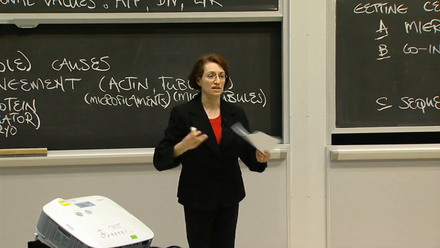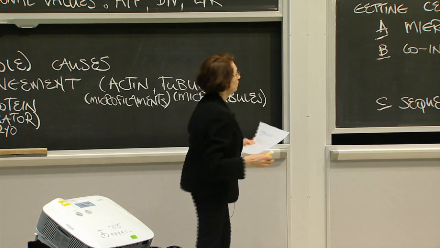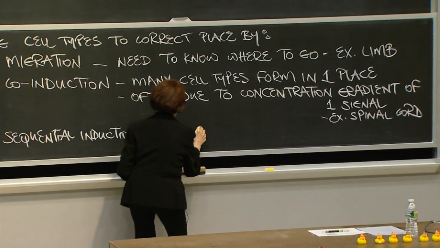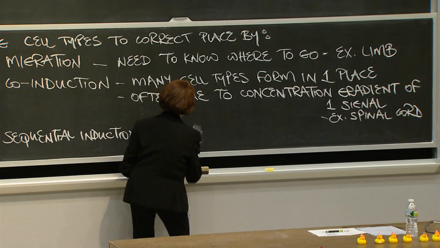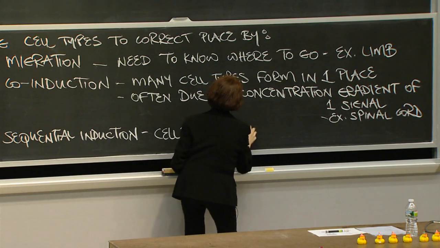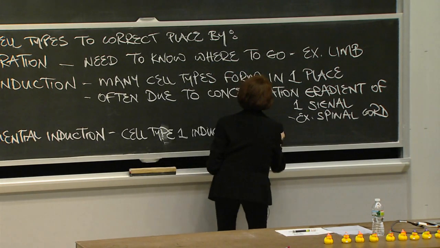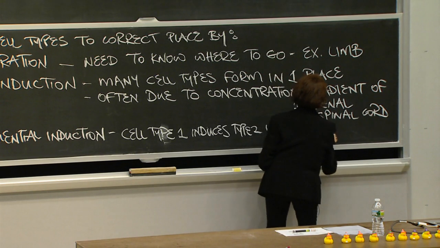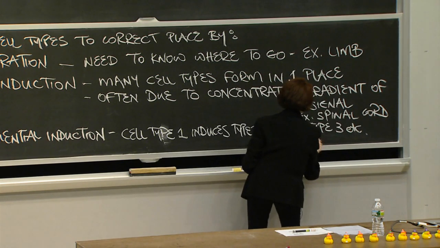And there's this conversation going on sequentially in the place where the organ will form. So cell type 1 induces or signals to type 2, which induces type 3, etc. And a great example of this is the kidney.